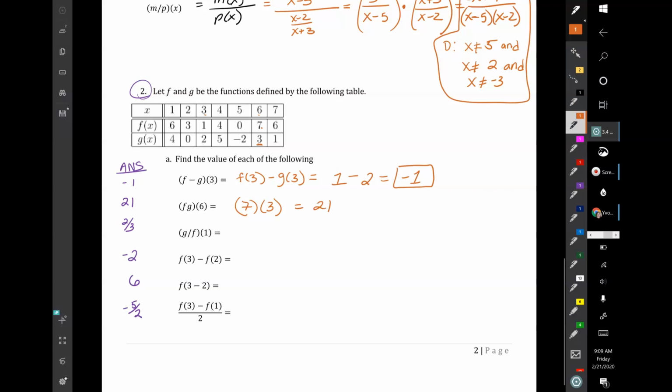I think you've probably got that by now. Now this one, g divided by f, all of 1. We're going to find 1 on the table, and then our g function is what goes in the numerator. So 4 divided by our f function is the 6, and then reduce it to 2/3.